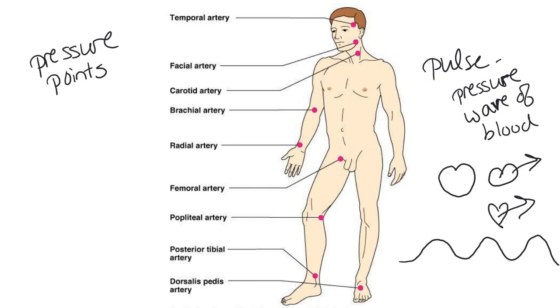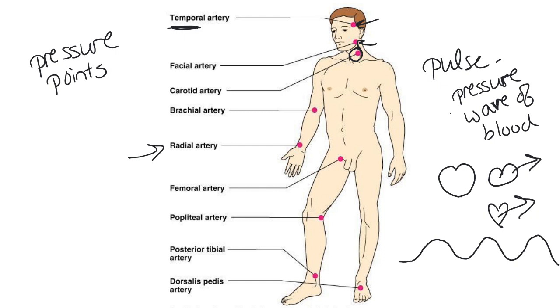When you guys take pulse, we will take pulse at the radial artery site. It is one of our most common sites. So we have a temporal artery site, up here near the eye on the side of the face. The facial artery is along the jaw. The carotid artery is here in the neck.